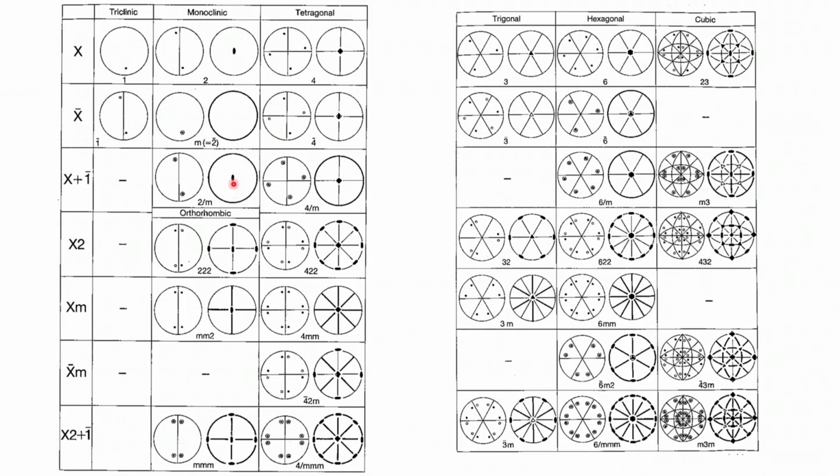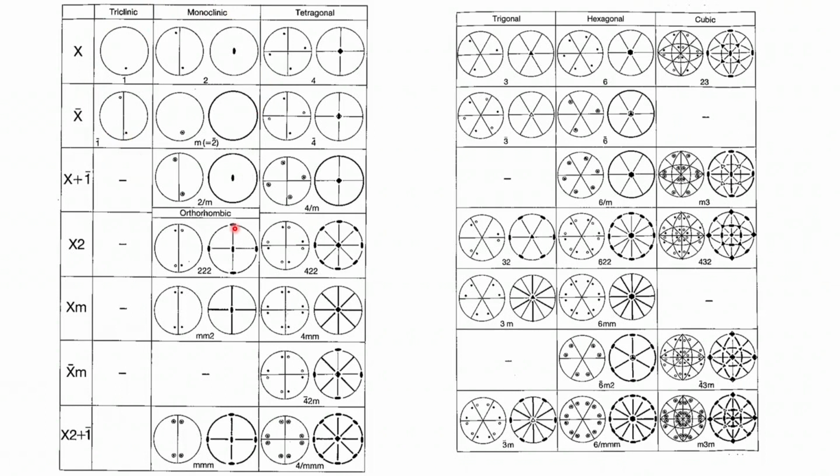So the two-fold axis is coming towards us. The darker circle is perpendicular to the two-fold axis. So it is a 2/m symmetry. 2, m and 2/m symmetry now represent all the possible point groups associated with a monoclinic system. So triclinic has two point groups, monoclinic has 3 point groups.